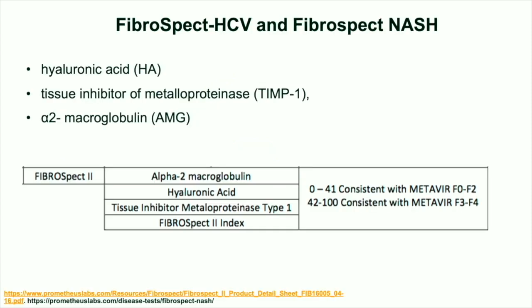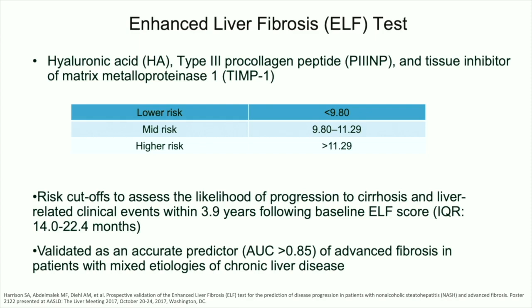Some of you may have used, in the hepatitis C era, FibroSpect, which is a similar test, and it's also one for non-alcoholic steatohepatitis, or now it's MASH, but it's the same thing. You can get low or high fibrosis levels. And finally, now there are blood-based biomarkers, and this is one that was recently improved, enhanced liver fibrosis, and this looks at a variety of tissue matrix proteins here, and you can actually cut and use this test to predict clinical outcomes in those with MASLD and in other liver diseases as well.